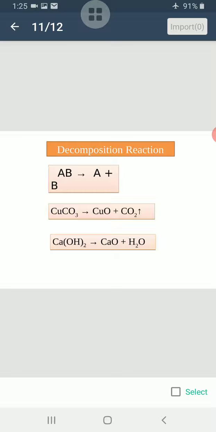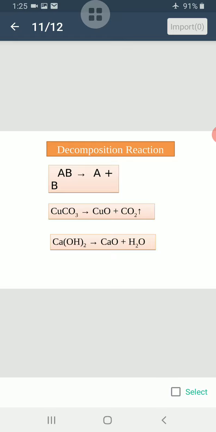And here the example: when we heat the calcium hydroxide, the calcium oxide and steam are produced. Steam is in the form of water. Here you can see calcium hydroxide gives us calcium oxide and water.